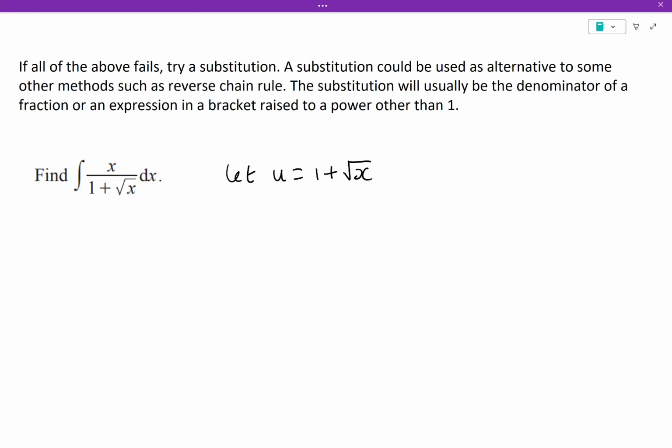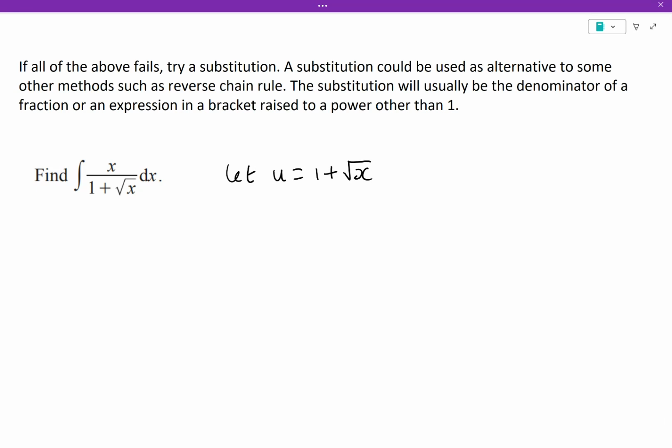Your other alternative is to make u equal to something that's just quite complicated in the denominator. So we could go with just the root x. I believe both of these will work, but I'm going to do the first one that I wrote here instead. Now, integration by substitution, the first thing I would do is differentiate our substitution.